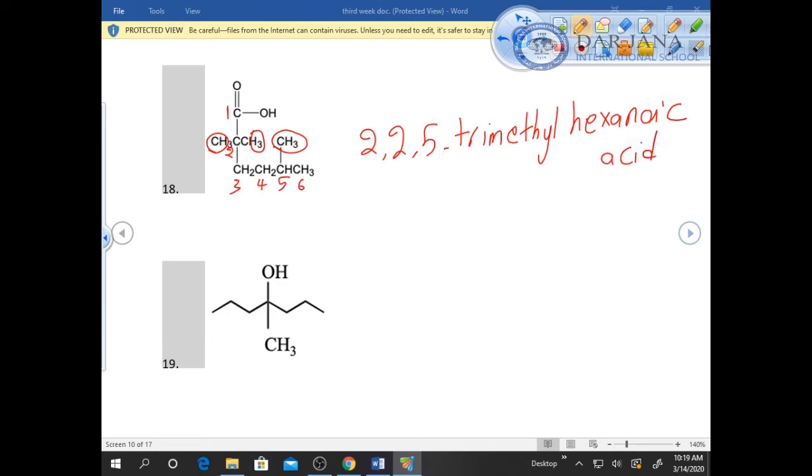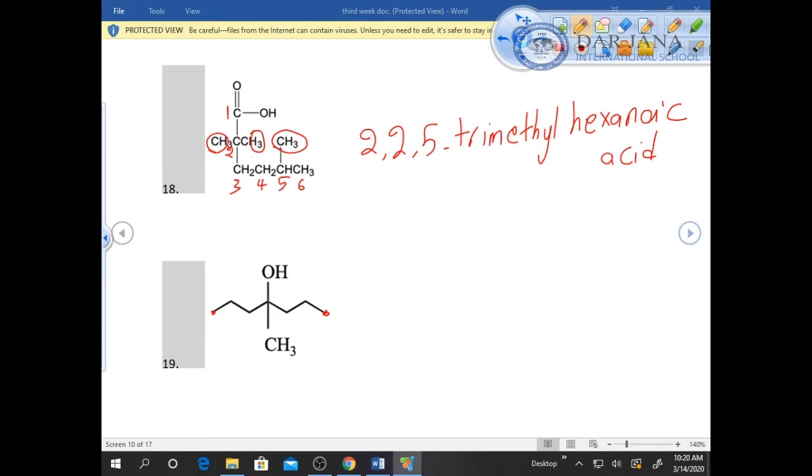Molecule number 19. Here we have alcohol. We start numbering from the end that gives the carbon that holds the OH group the lowest number. So you can start numbering from any end you want, because these two possibilities give the same number for the carbon that's holding the OH group.